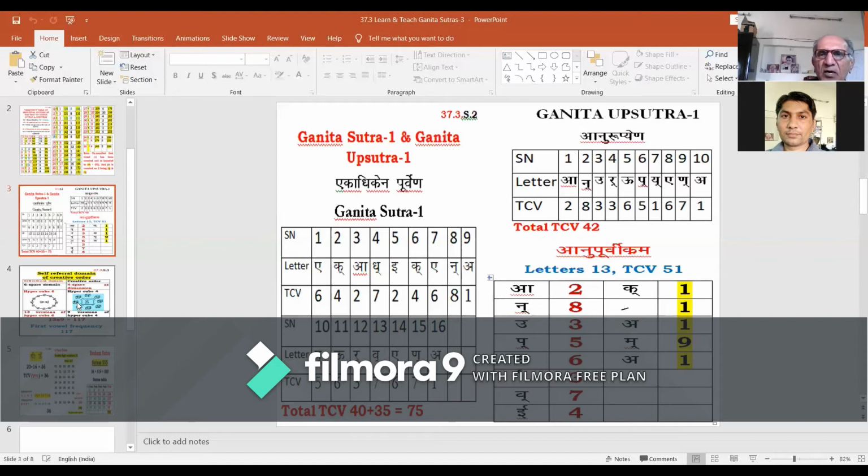And then Ganita Sutra 2, Anurupyena, has a simple rendering as following the form as it is framed. That is symmetry, that is proportionality. So it is this proportionality feature of the symmetry, following the form as it is framed, which will take us to the unfolding process for the unit itself.